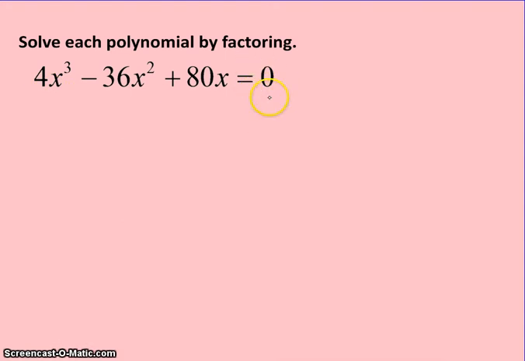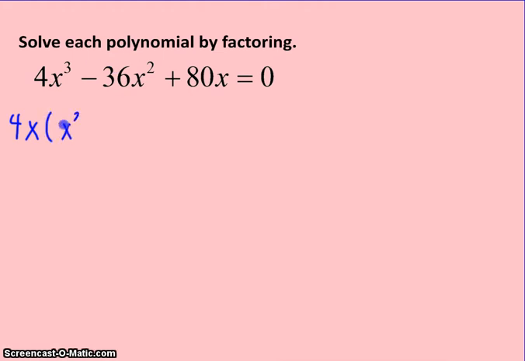First off, I need to make sure it's set equal to 0, and it is. Now what I need to do is factor the left-hand side. I notice that there is a greatest common factor. So what you can do is look at each one and see what number goes into 4, 36, and 80 evenly. I also notice that I have an x to the 3, x to the second, and x to the 1. So I can pull out a 4x, and 4 goes evenly into 4, 36, and 80.